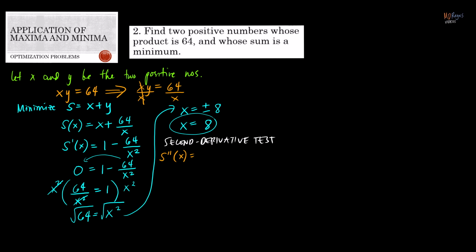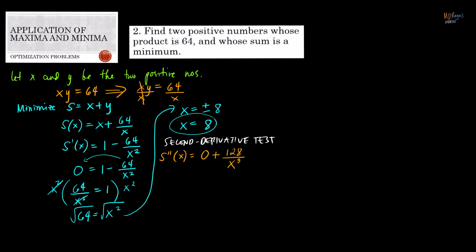The derivative of 1 is 0. And then the derivative of negative 64 over x squared will give us positive, so plus 128 over x cubed. I just used the power rule to differentiate negative 64 over x squared. You try it yourself, okay?